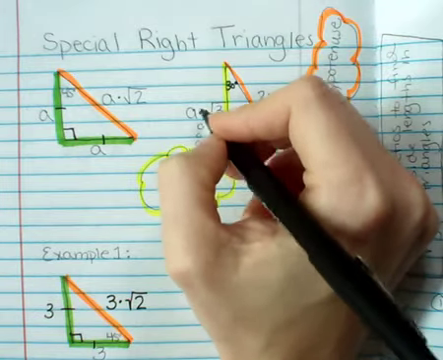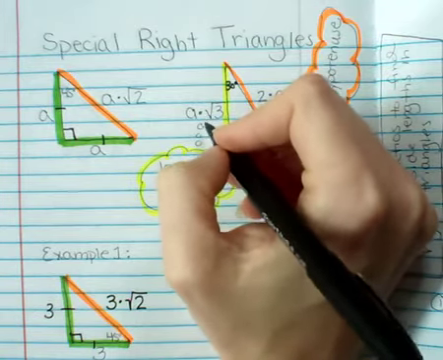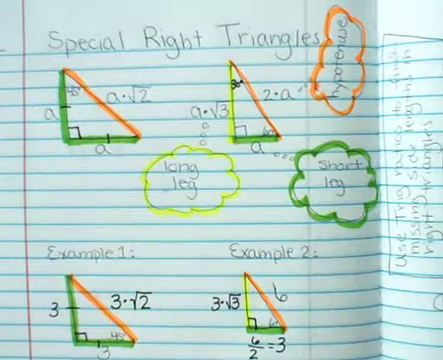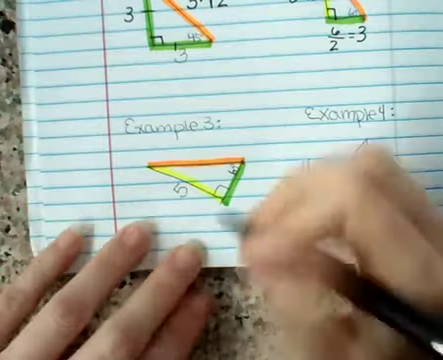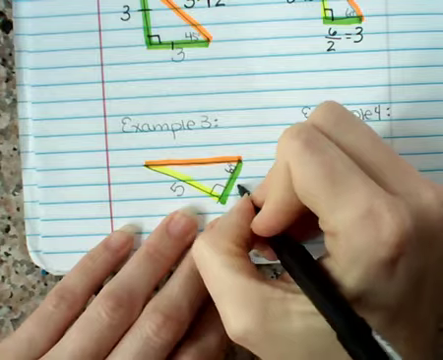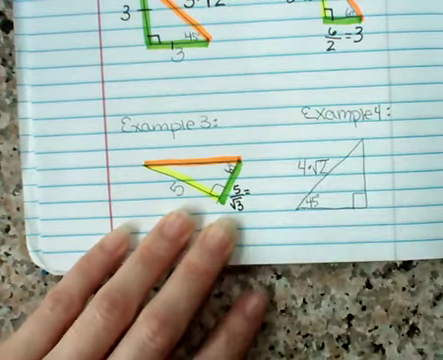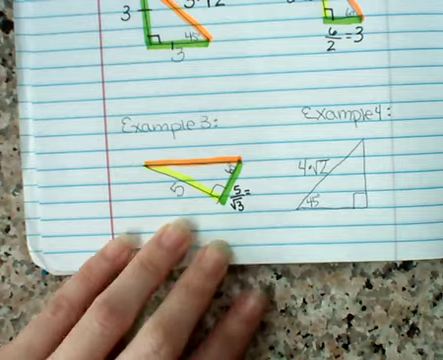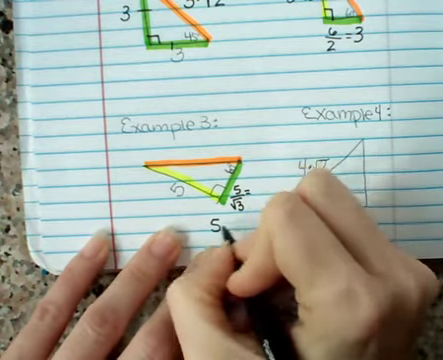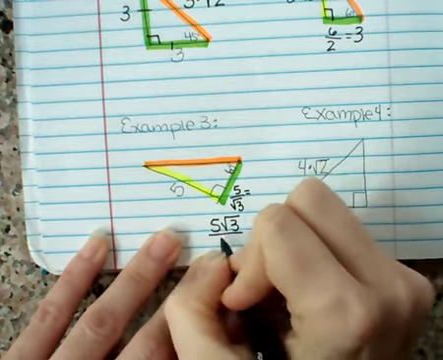So in order to get just that A by itself, we're going to have to divide by the square root of 3. So we know this short leg is going to be 5 divided by the square root of 3. However, that simplifies to 5 square root 3 divided by 3.